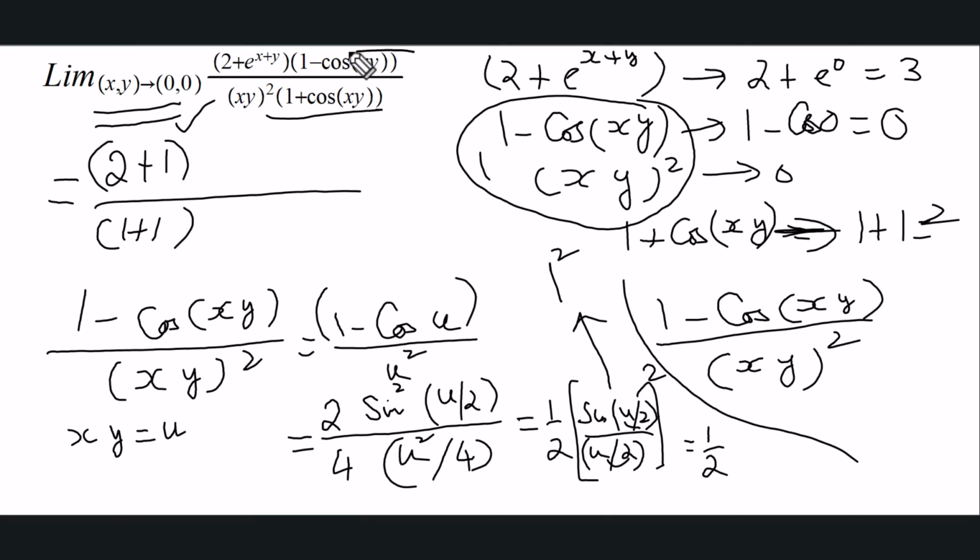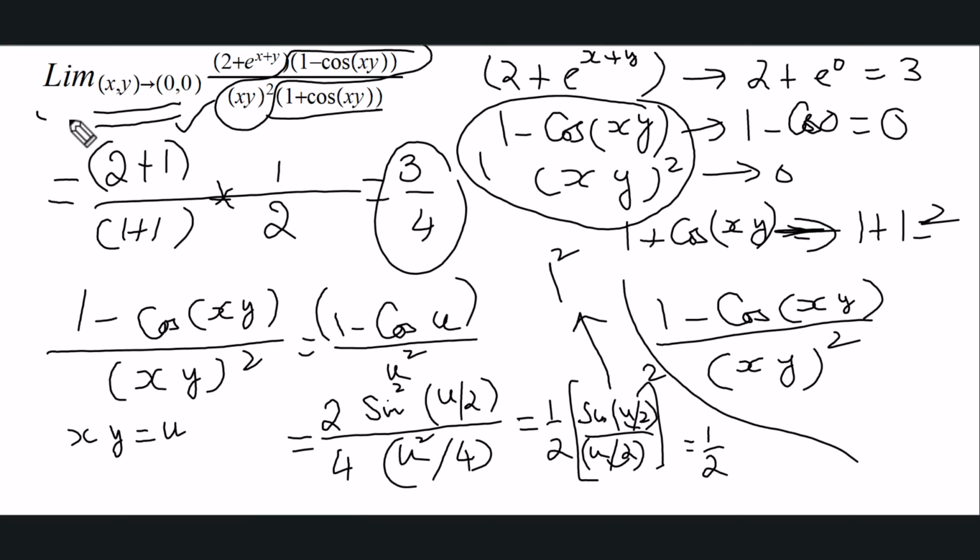And then for this portion, what we just got here, we got 1/2, right? So the answer is going to become 3 over 4 for this limit question.